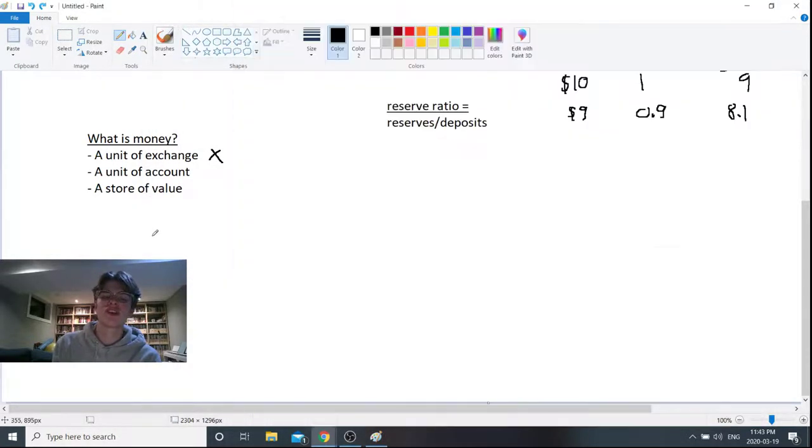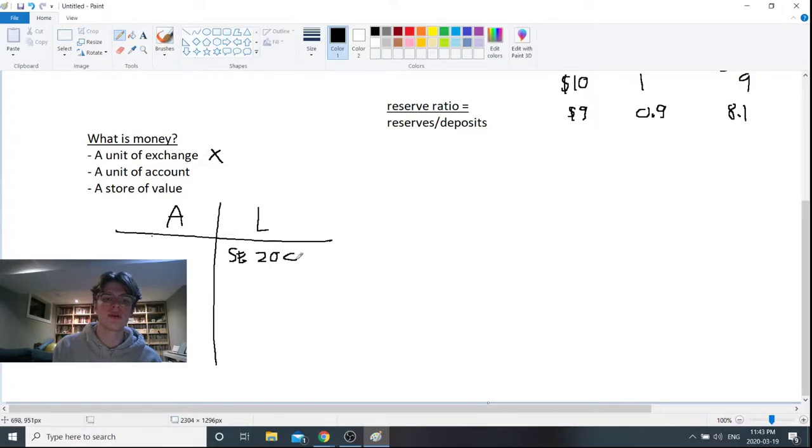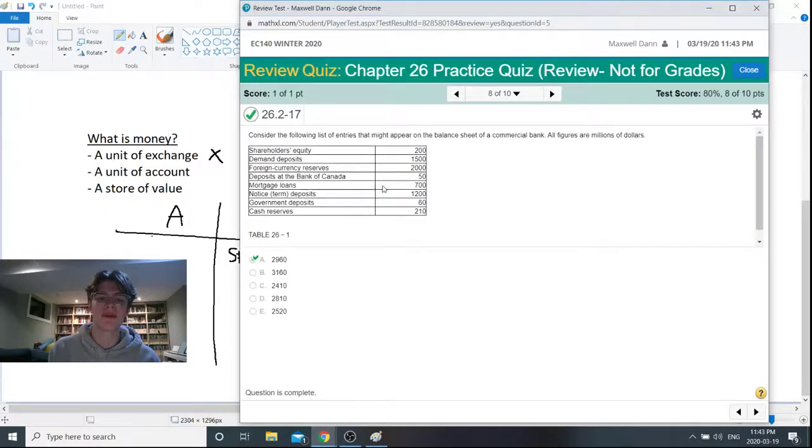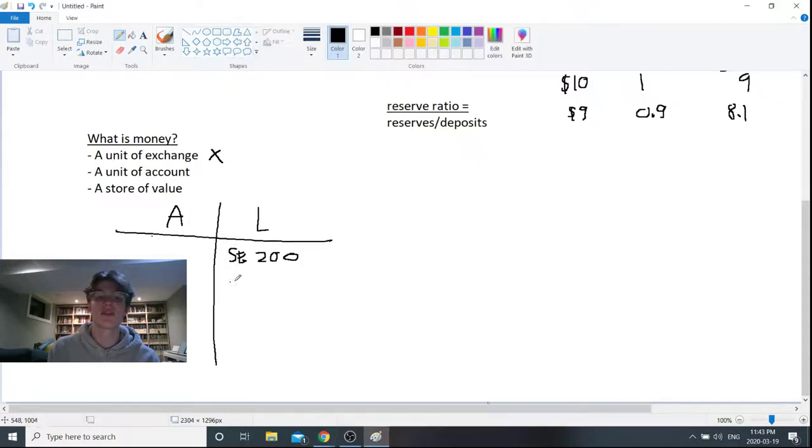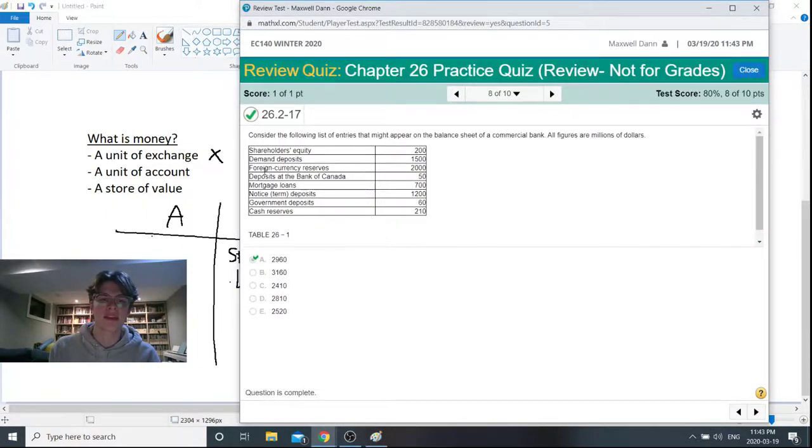So shareholders' equity would be on the liabilities side. The liabilities side, we talked about that as capital. So shareholders' equity of 200. And an easy way to do this and make sure you get it right is we're just going to add them up at the end. Demand deposits. So we talked about deposits. They are, again, a liability. Deposits. Next, foreign currency reserves.